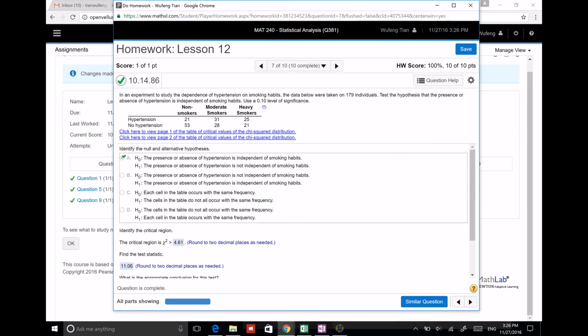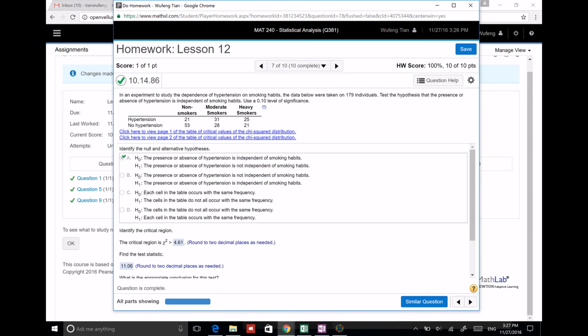You can see that we do see a pattern here. If they were independent, they should all be about the same, like 21 to 50, and the next one should be 21 to 50 as well. But the data tells us it's not; it's increasing. Non-smokers have less hypertension, and heavy smokers have a higher ratio of hypertension.